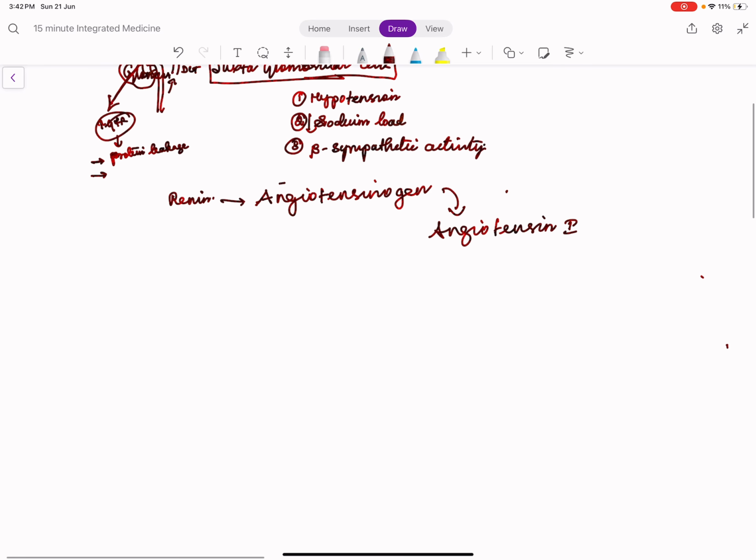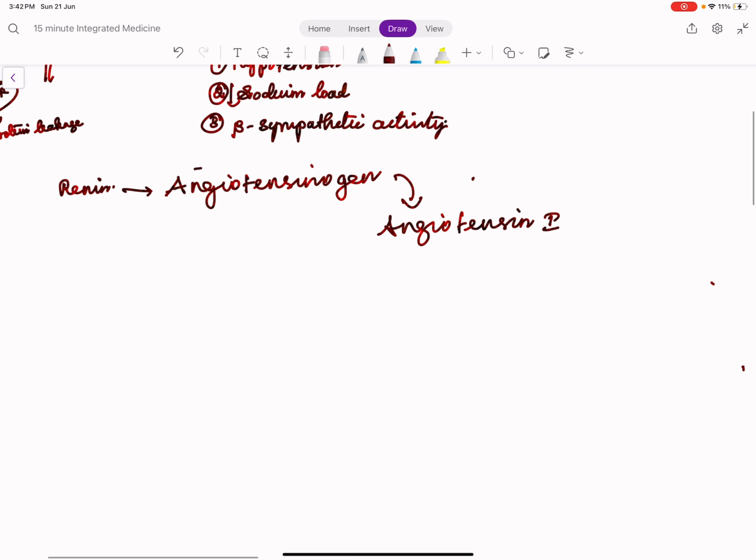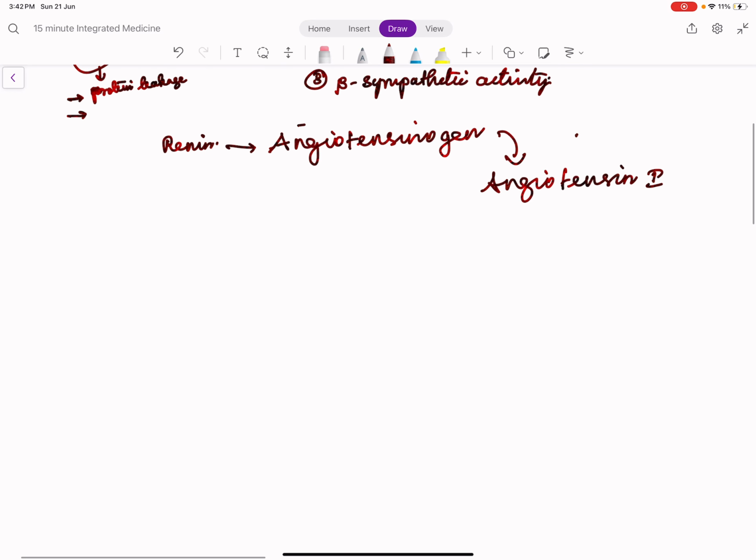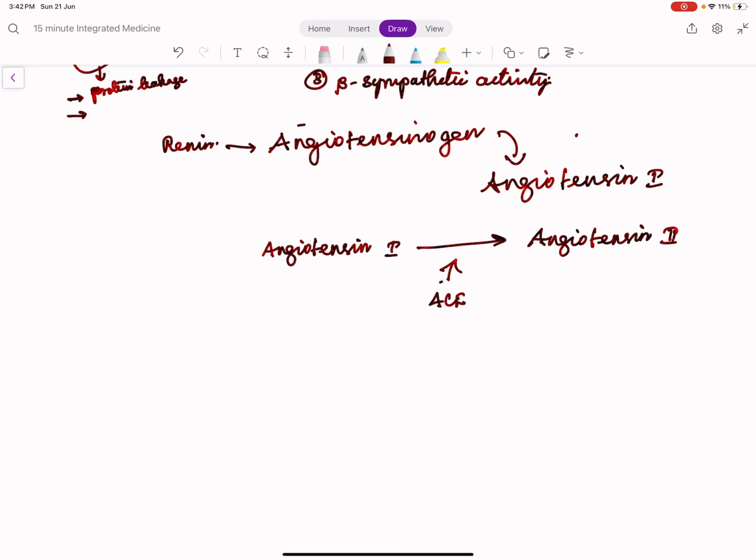Just remember this step, it's of academic interest only, but it's not used clinically. This angiotensin 1 is converted to another peptide called angiotensin 2 by an enzyme called ACE, angiotensin converting enzyme, which is produced by vascular endothelial cells of the lung.